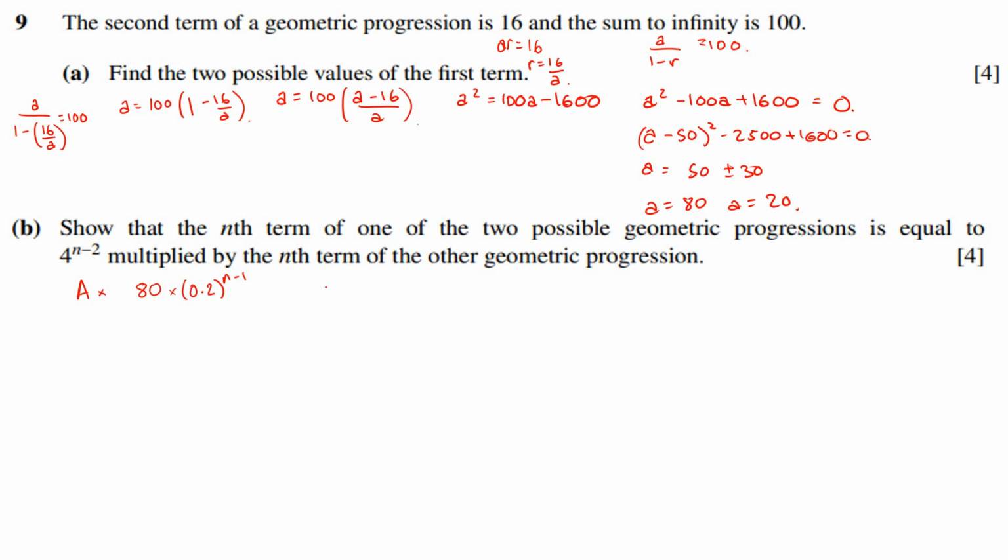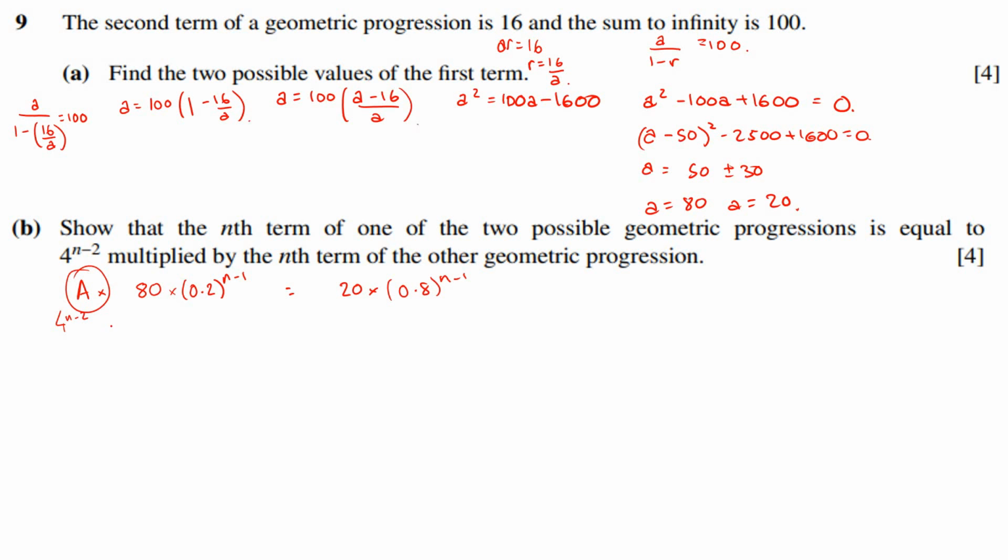That would be the nth term rule. Okay, and I'm saying that this A here could be 4 to the n minus 2. And that should equal, if I plug in 20 into the nth term formula, A times, well, if A is 20, 16 over 20 would be 0.8, raised to the n minus 1.